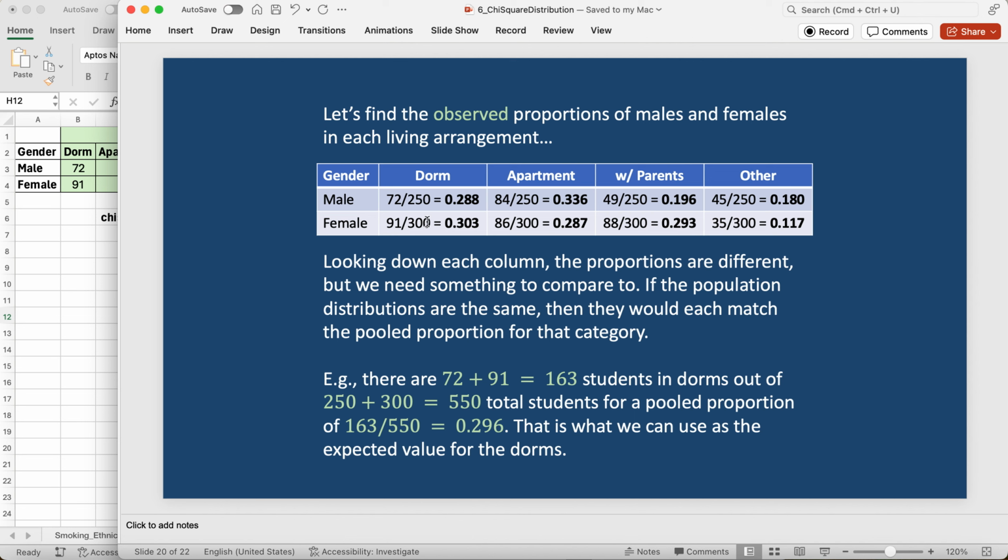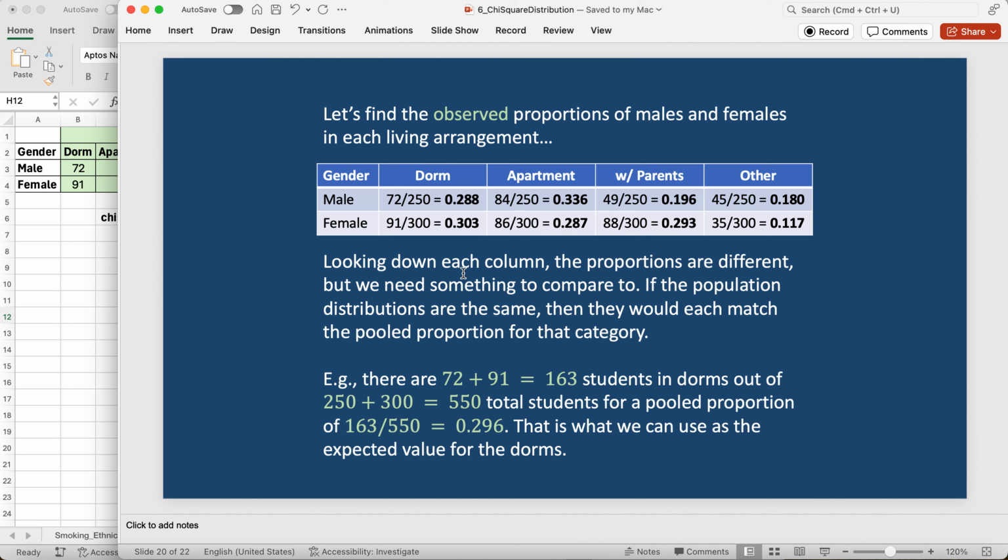Now, if the population was homogeneous, then what we would expect is that the same proportion of men in dorms would be the same proportion as the number of females in dorms. So 0.288, 0.303. We see differences along the line here. So they're not exactly the same, but are they different enough to say that the population is inhomogeneous with respect to this living situation variable?